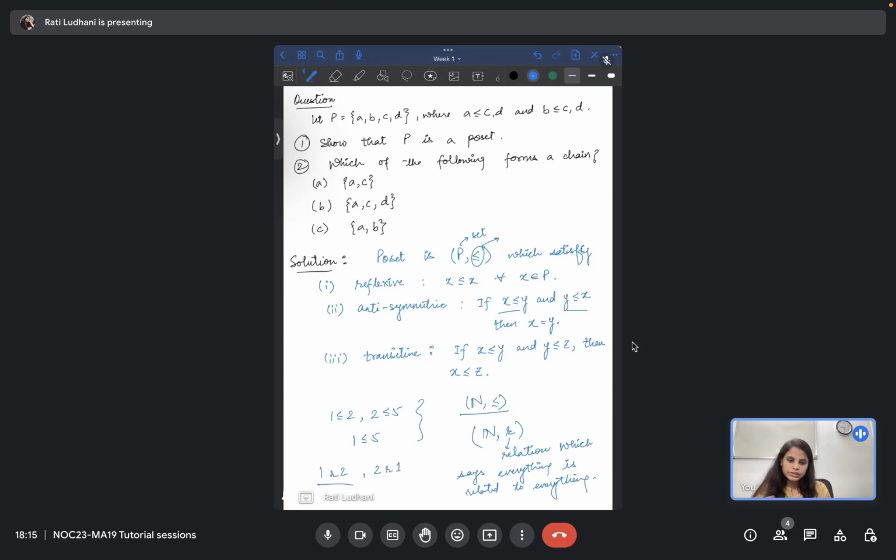Whichever way we define the relation, if 1 is related to 2 and 2 is related to 1, then it should say 1 is equal to 2, but that is not true because we said everything is related to everything. So this is a very vague answer to your question, but I think we can find some.